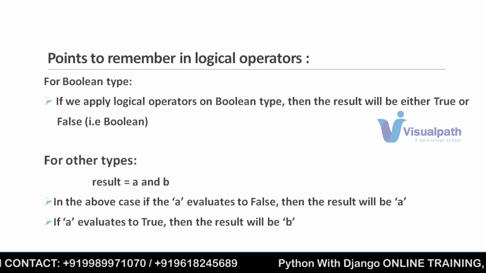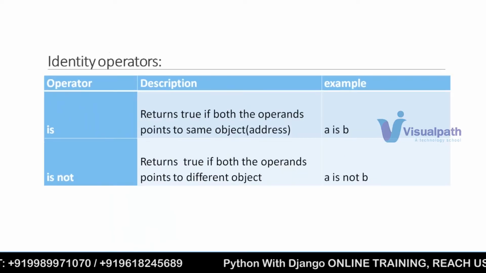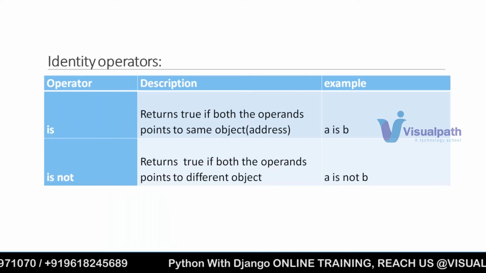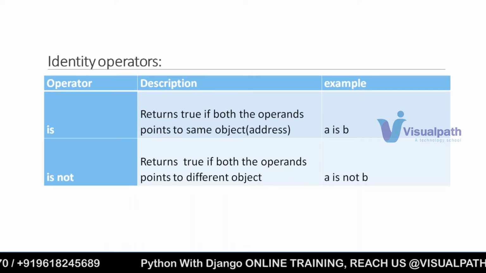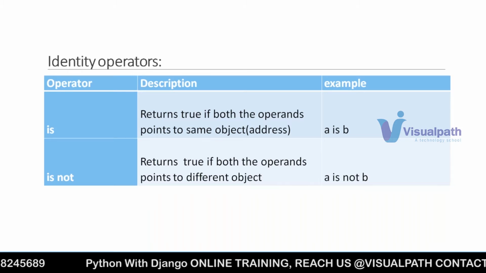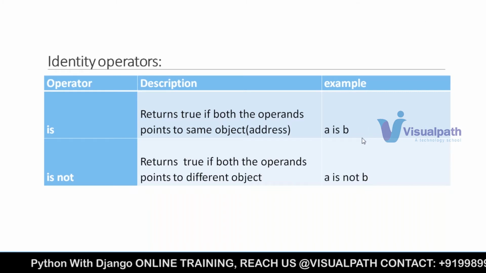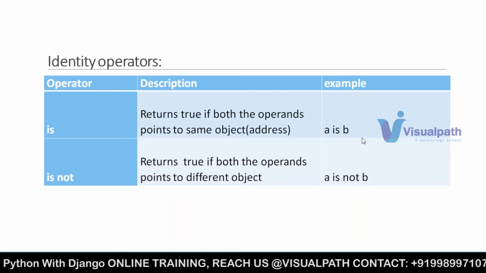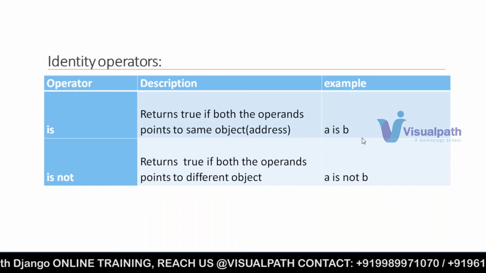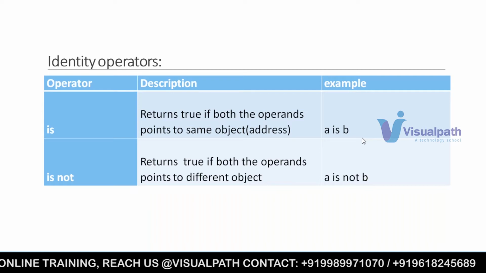Let's go on. Note down this: identity operators and membership operators. There are two identity operators: is and is not. Is returns true if both the operands point to the same object. Is not returns true if both the operands point to different objects.